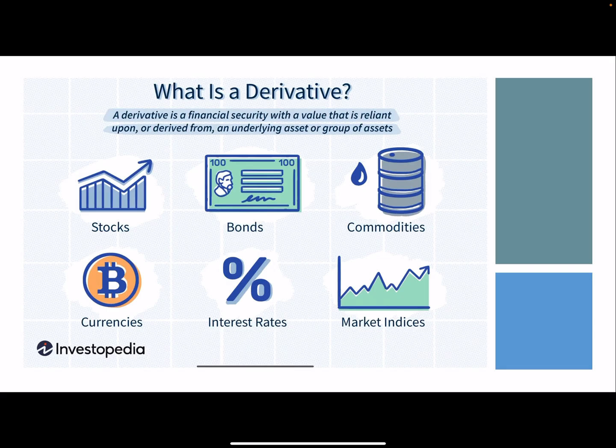We're going to start out with what is an economic derivative. A derivative is a financial security with a value that is reliant upon or derived from an underlying asset or group of assets. Stocks, bonds, commodities, currencies, interest rates, and market indices can all be variables.